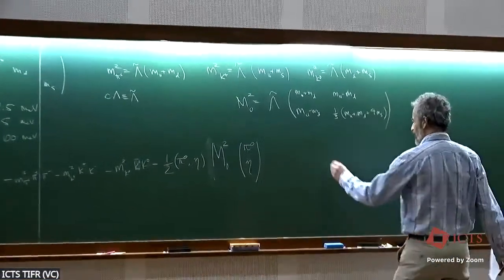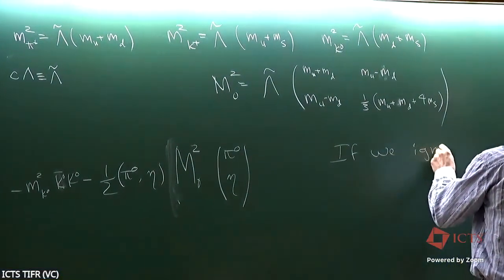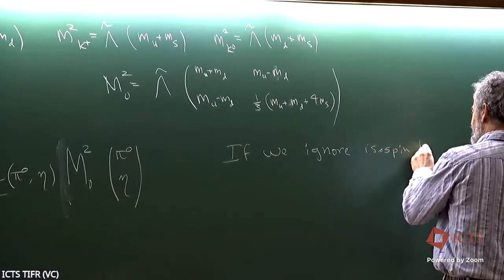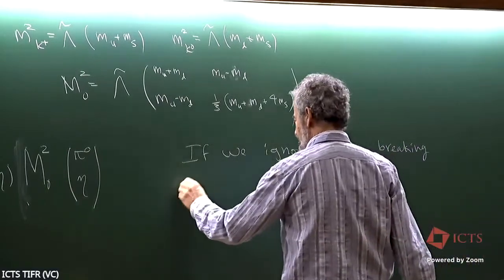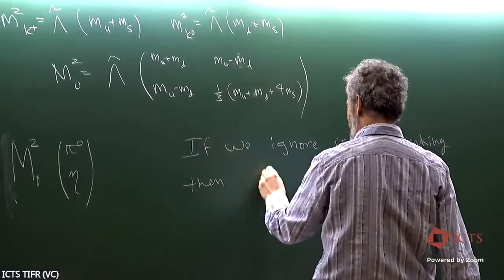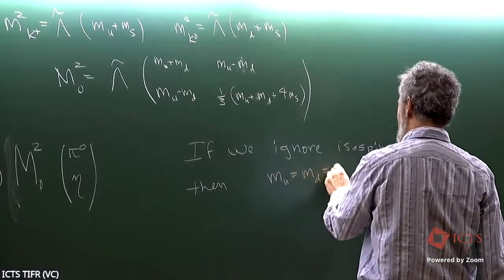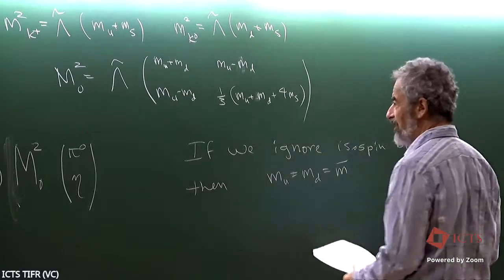Now, if we ignore isospin breaking, then you set that to 0. We basically have mu equals md equals m bar. We're assuming they have roughly the same mass. Then what you find is that there's a relationship here.